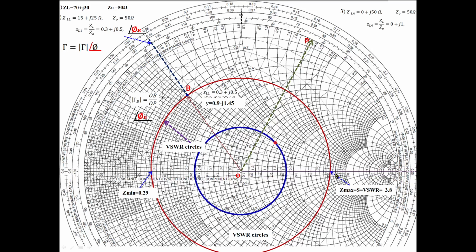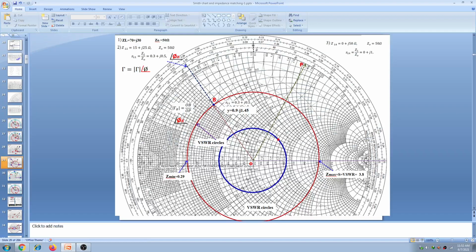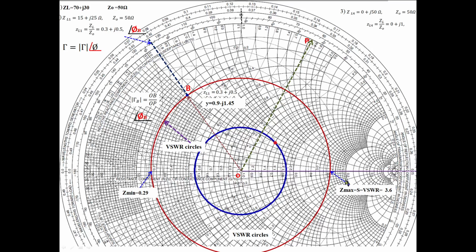As I said, it is not one division, two divisions. This is 3, 3.2, 3.4, 3.6. I made a mistake here. So this is 3.6.